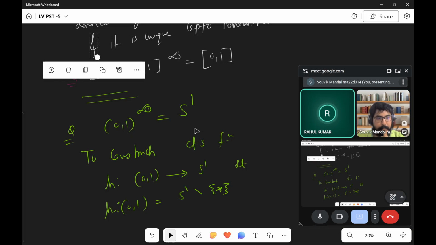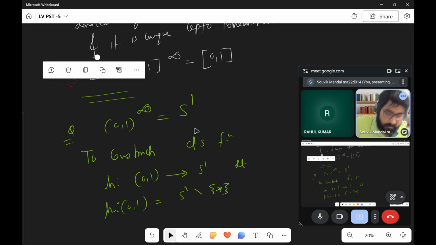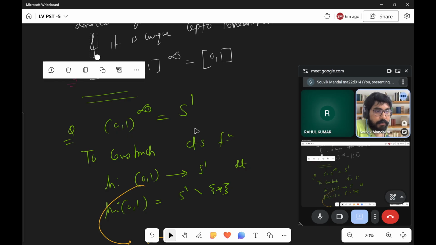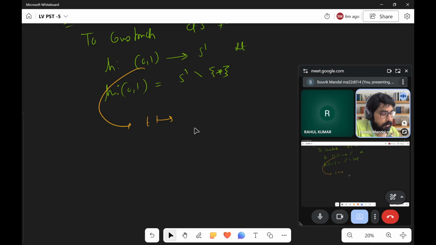Can we use a trigonometric function? Yes, you can use anything. It has to be continuous, and that's all. So what is the function? Sir, as I thought in complex analysis, stereographic projection, maybe it's like cos 2 pi t plus i sin 2 pi t. It means t going to cos t comma sin t, right?